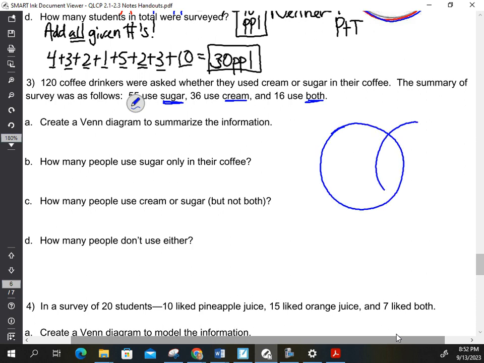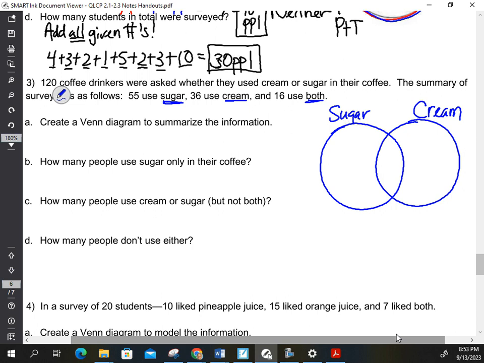So draw 2 circles. 1 for sugar, 1 for cream, and the overlap is both.